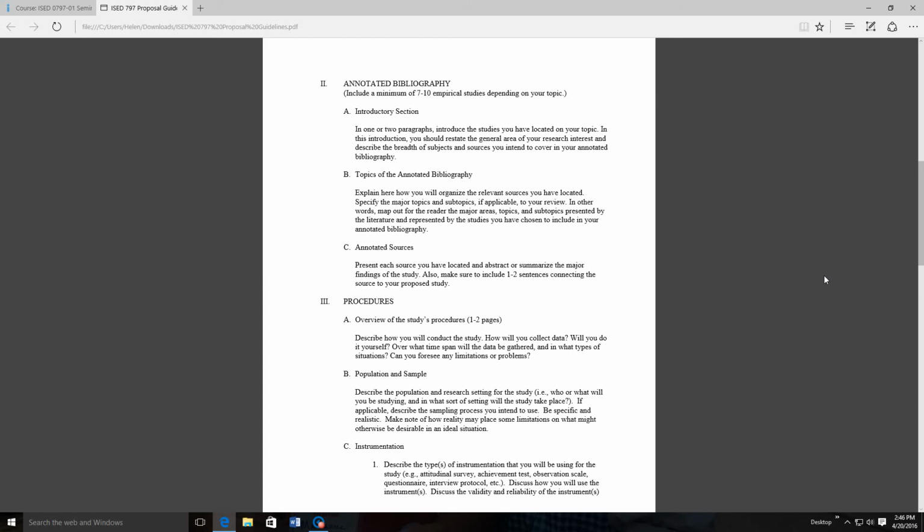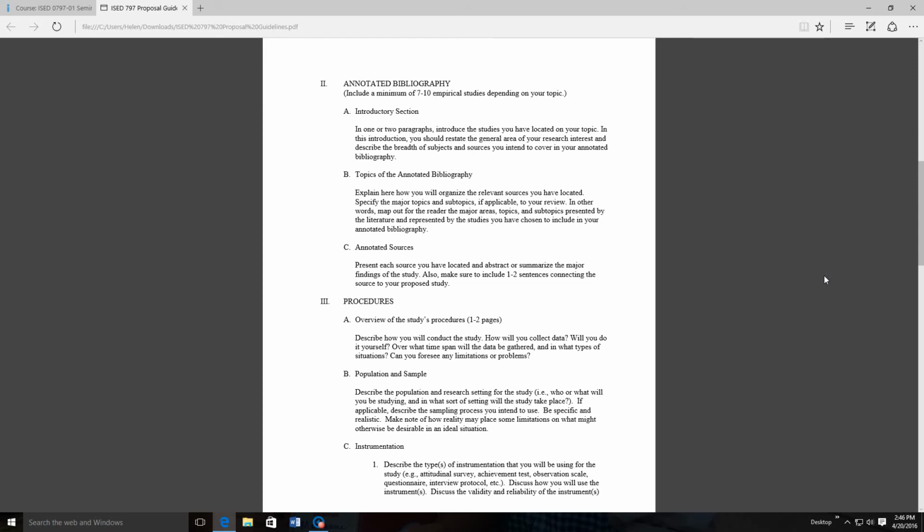Usually the annotated bibliography is the step before writing an actual literature review, which is an assessment of a body or bodies of literature that bears on a particular question. An annotated bibliography is just a list of sources with abstracts or summaries of each source in that list.